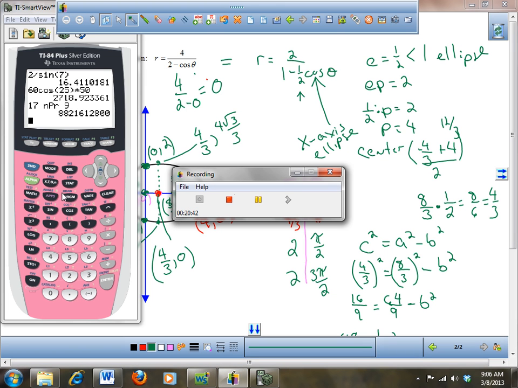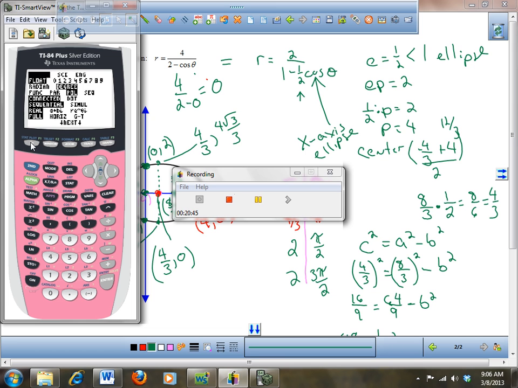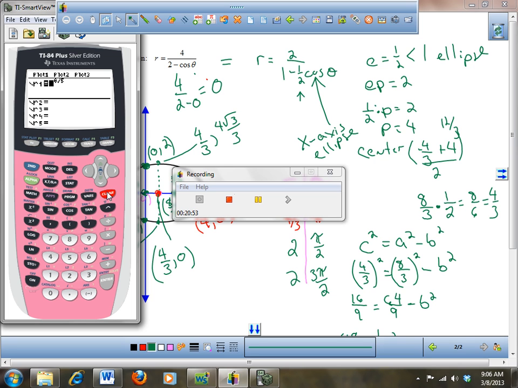I'm gonna show you something cool, class. If I go to mode, and I make sure that I am in polar mode, which I am, and I go to y equals, and I plug in this equation, notice that r pops up, and I get 4 divided by 2 minus cosine theta.